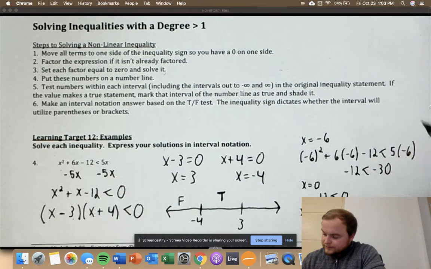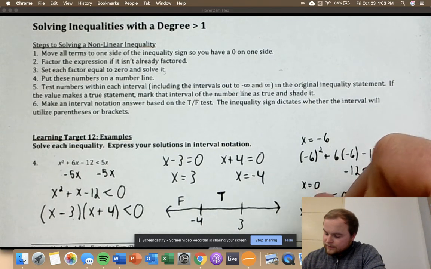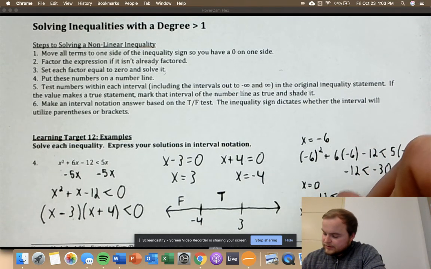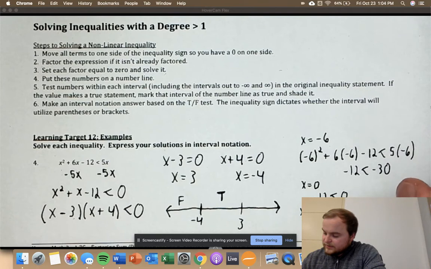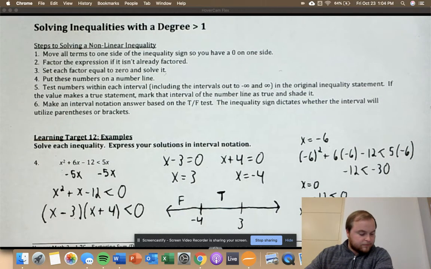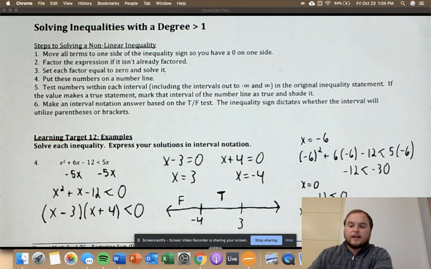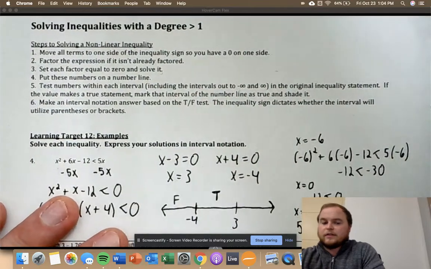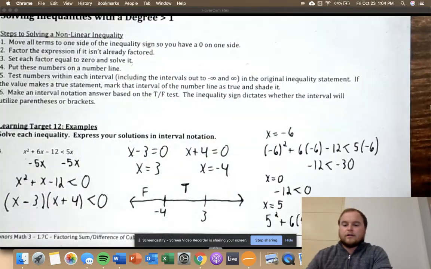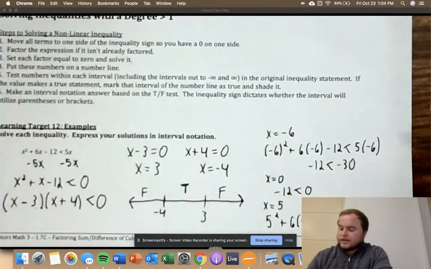So we would have 5 squared plus 6 times 5 minus 12 is less than 5 times 5, which actually just ends up getting us 43 is less than 25, which we know is not true. I'm sorry, I know you can't really see that there. That is not true, so this is false as well.